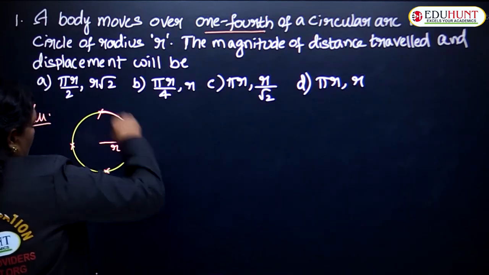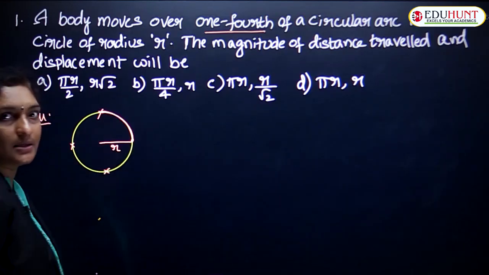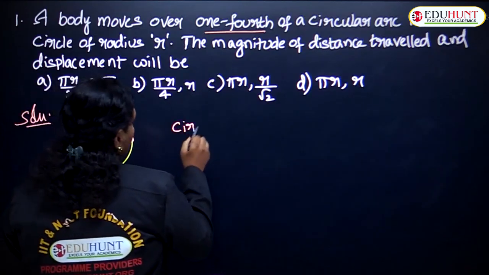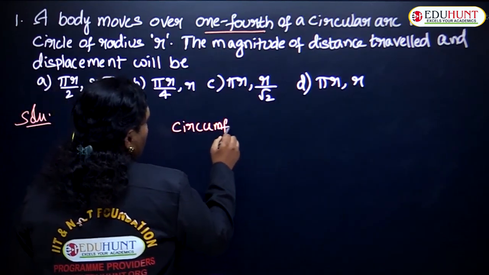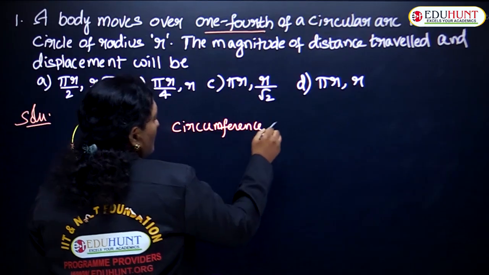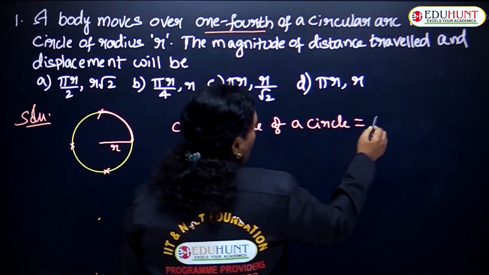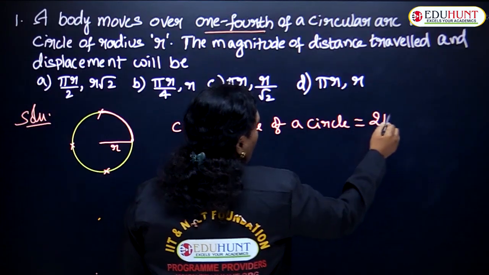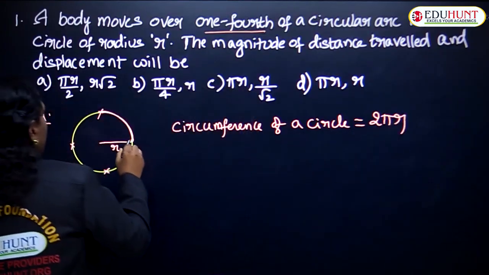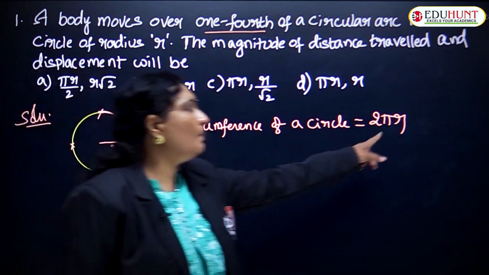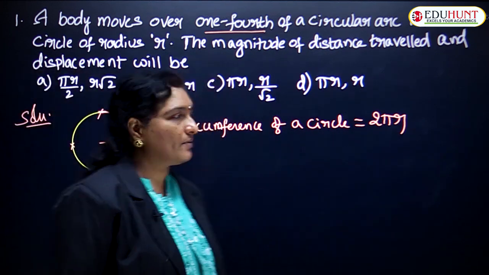Children, if r is the radius of a circle, then the circumference of the circle is given by the formula 2 pi r. The total length of the overall circular length is nothing but 2 pi r, where r is the radius.